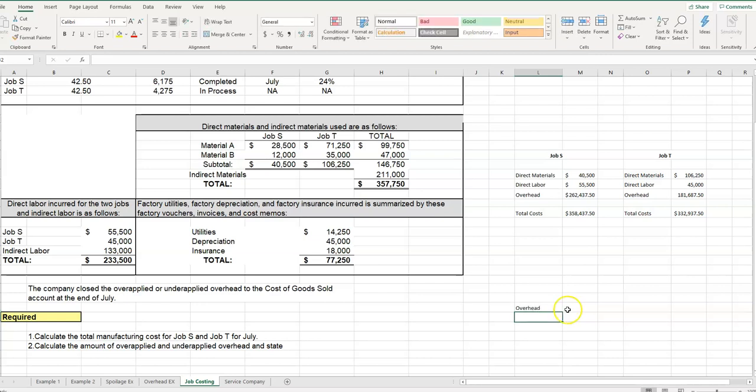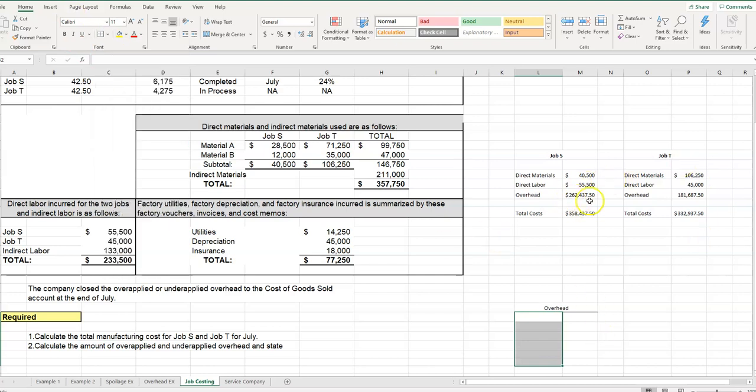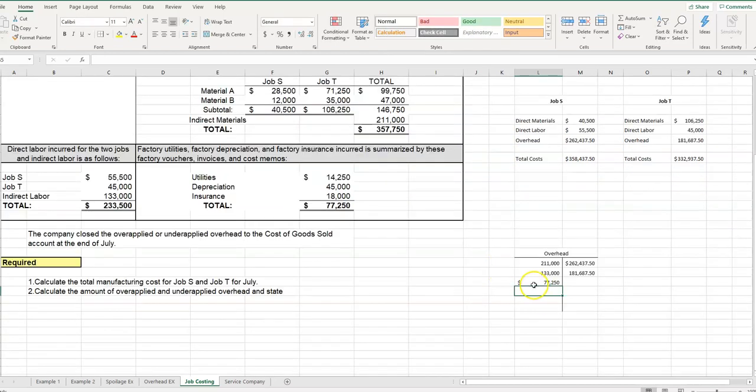So we will make our overhead T account. We have applied overhead for each job. And then we have our actual overhead. We have indirect materials, $211,000, indirect labor of $133,000, and then total other overhead costs of $77,250.